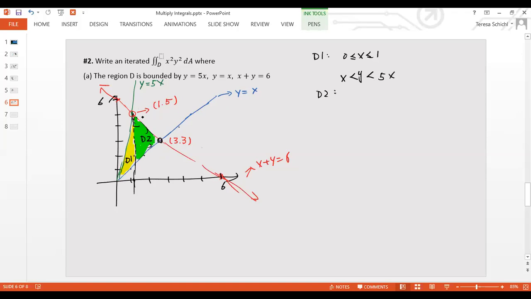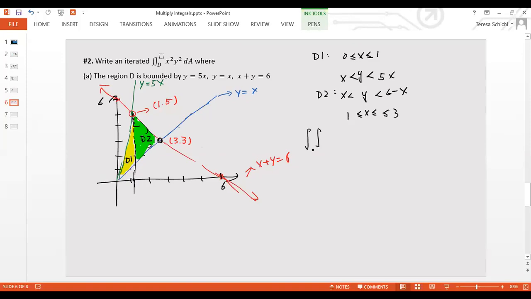Y is from the blue line again to the red line. The red line is 6 minus x. So what is X? X is from 1 to 3, right?